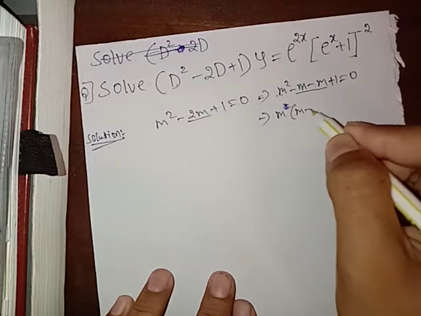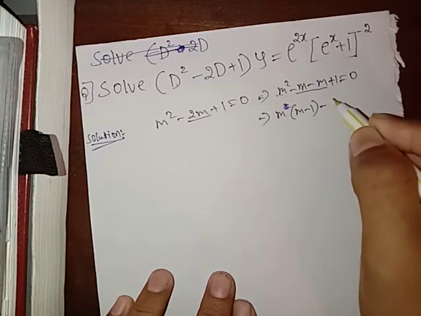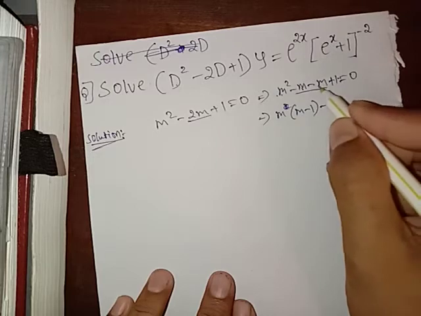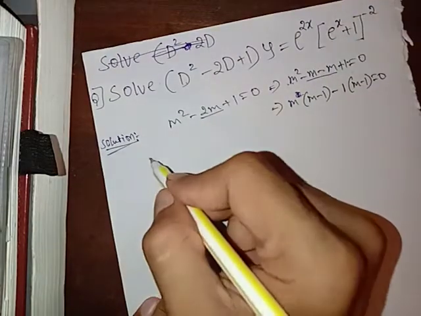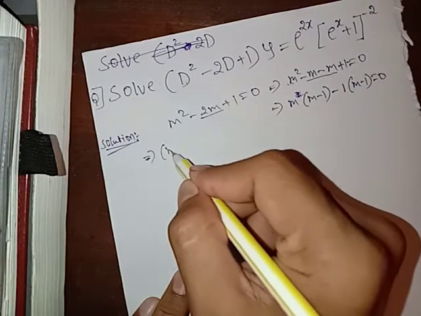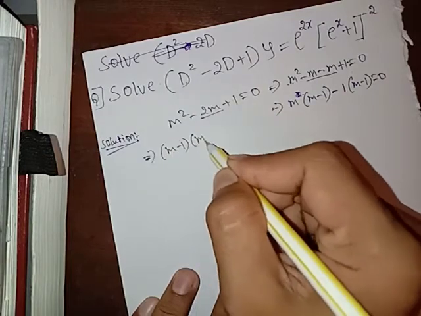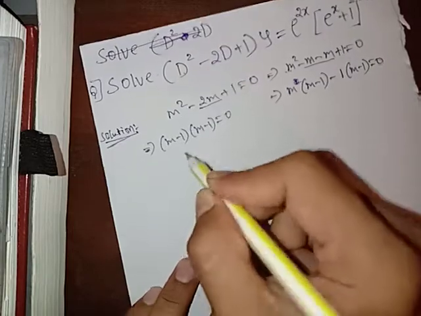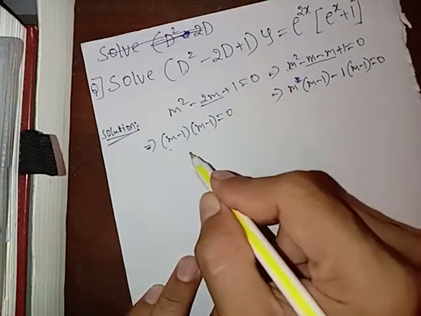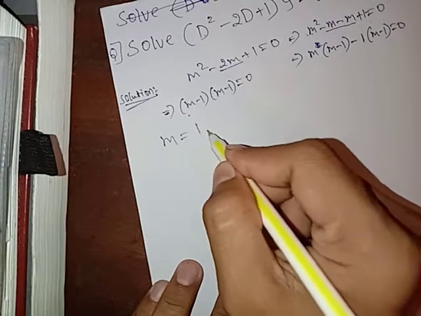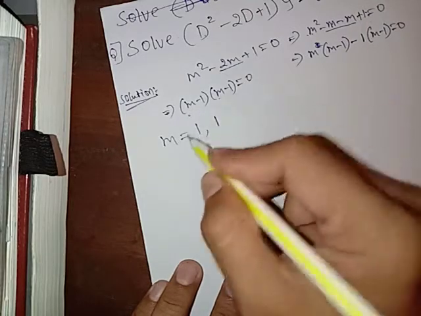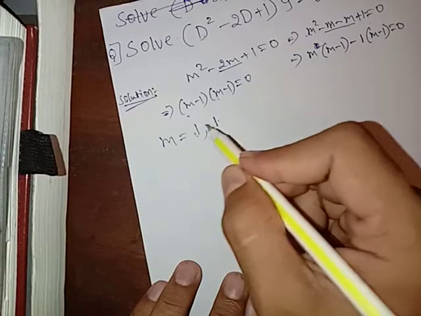We can take m common: m(m - 1) - 1(m - 1) = 0. It implies that (m - 1)(m - 1) = 0. So the roots of this auxiliary equation are m = 1 and m = 1. Both roots are equal, m1 = m2.